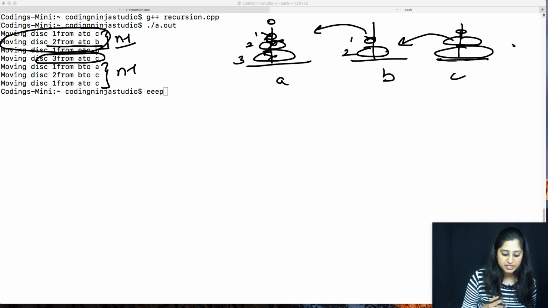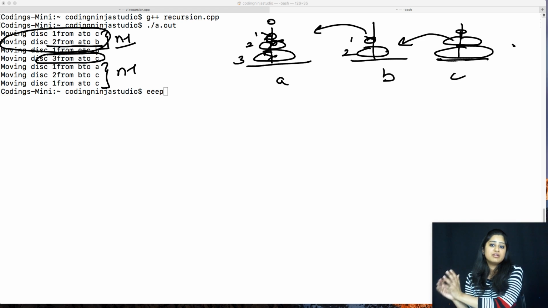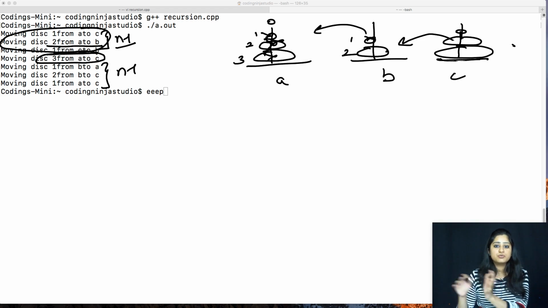So if I have to solve a problem like Tower of Hanoi, thinking this way is very, very easy for me. I am just assuming that n minus 1 disks will be moved from A to B, and then later from B to C. I don't have to think about the steps, how those n minus 1 disks will be moved.